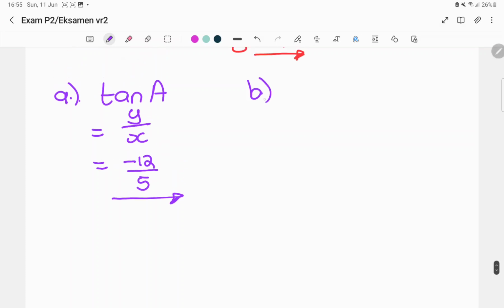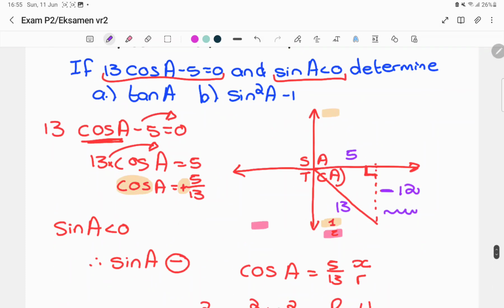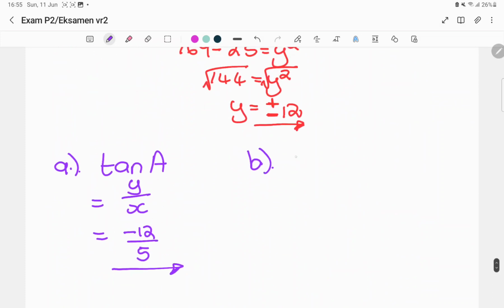Then question B said work out the value of sine squared A minus 1. Sine, we remember, is my y value over my r value. It has to be squared, so we put it in brackets.